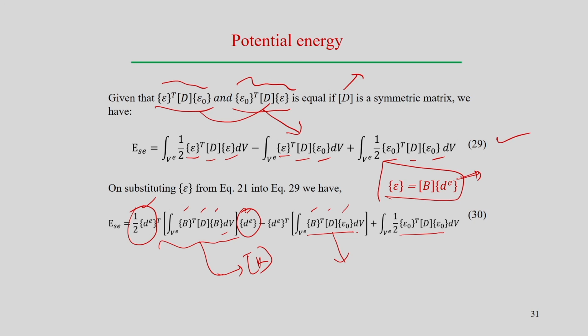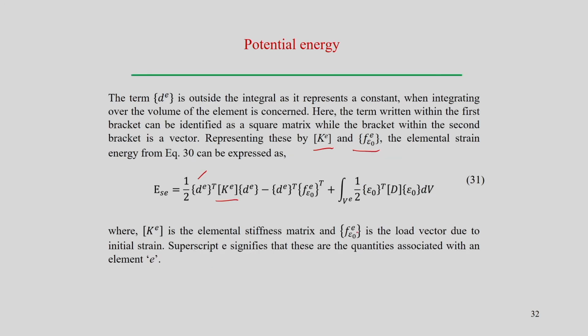B is the variable quantity, represented in terms of the column vector F E epsilon 0, which indicates the initial strain value. The other parts, D and epsilon 0, all represent constant values not varying within the element itself, so this can be considered a constant value.